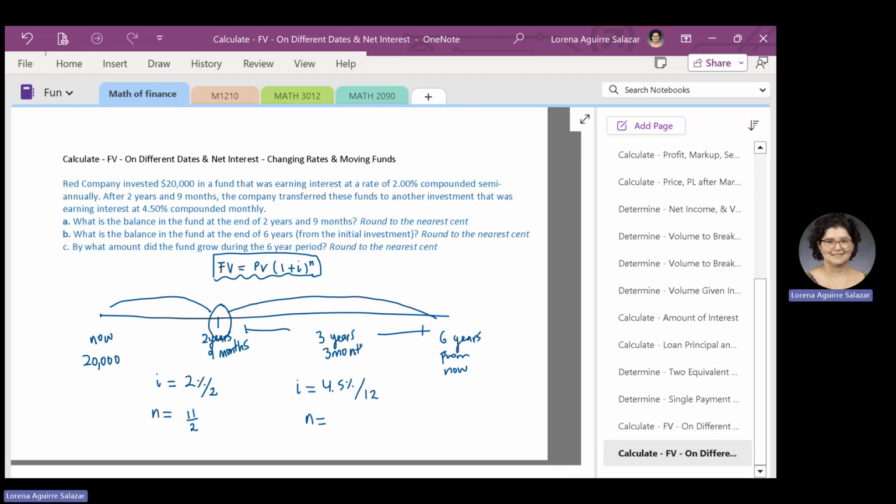Okay. So we rely on the same formula: future value equals principal value times 1 plus i, all that to the n, for 2 separate time periods.